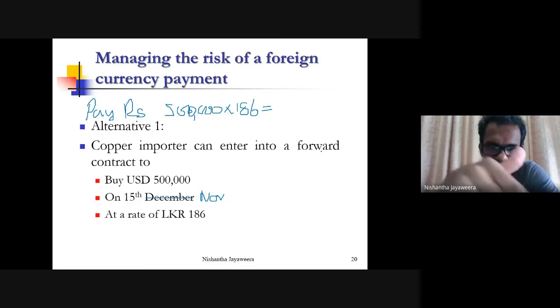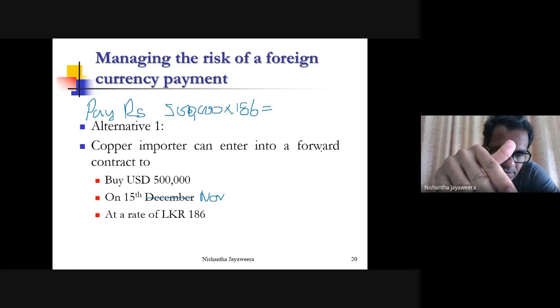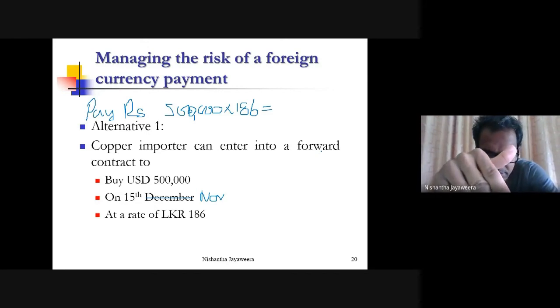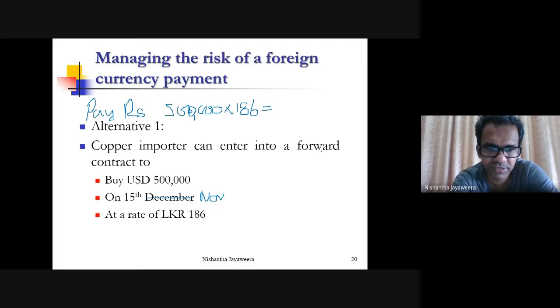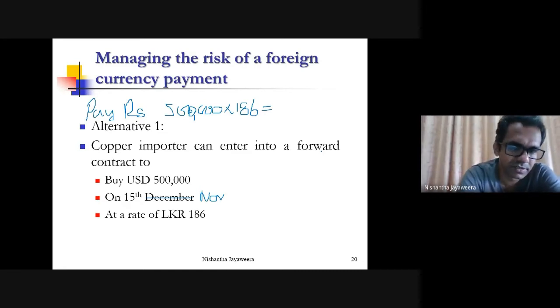So since this is 15th November, if you don't have a futures contract maturing on 15th, but maybe on the third week of November, if there's a November delivery futures contract, you go for it. But if you don't have a November delivery contract, there's a December delivery contract, you go for that. You don't go for an October delivery contract. Generally, that's the practice.